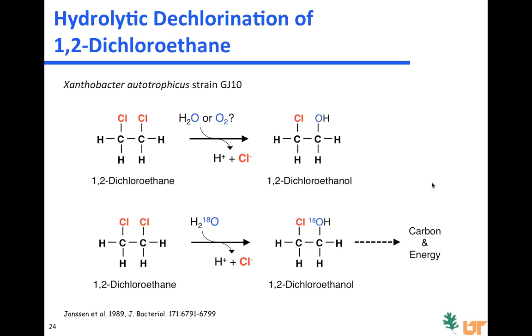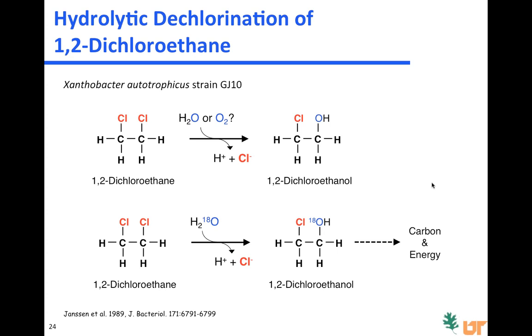Now the question was, where is the oxygen coming from? Is it coming from oxygen or is it coming from water? And so people did studies with labeled water, H218O, and the label was found in the chloroethanol. Pretty good evidence that the oxygen in the hydroxyl group is derived from water.